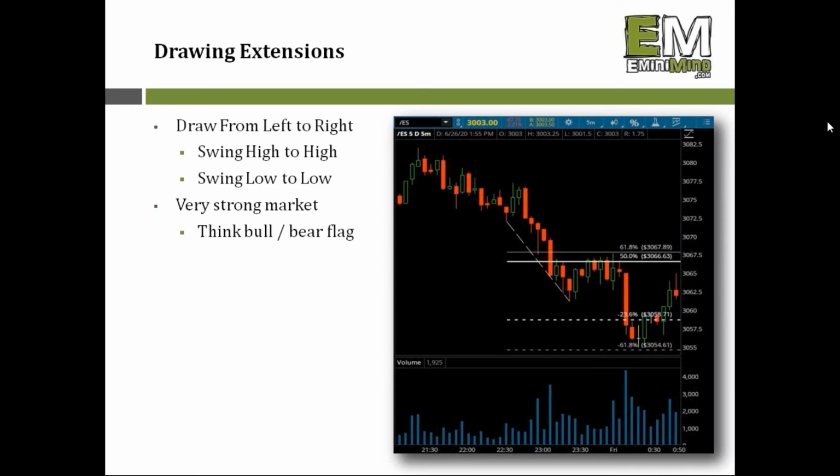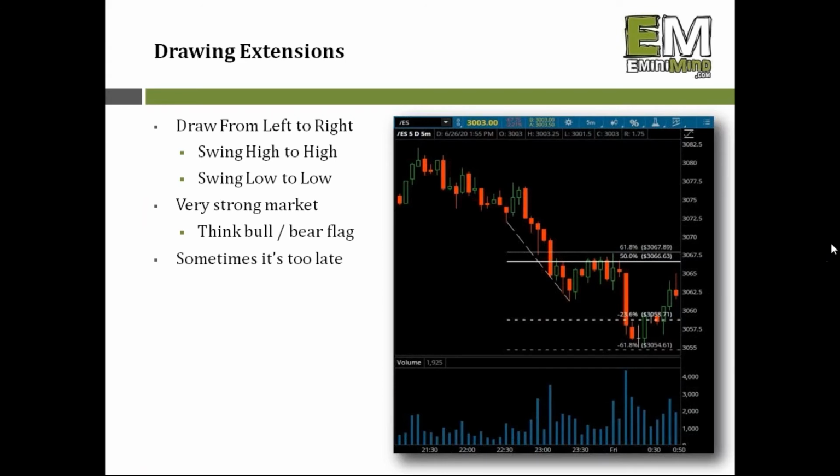But for any of you who've traded, especially the E-mini S&P, it can chop around a little bit at your entry for 2, 3, 4, 5 minutes sometimes. And if you tighten your stop too quickly, then you just get kicked out before it even has a chance to move. So if you can be patient at the start, it will serve you well, and you'll be able to stay in those winning trades much longer.